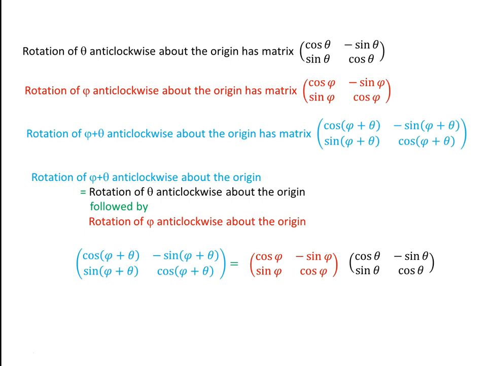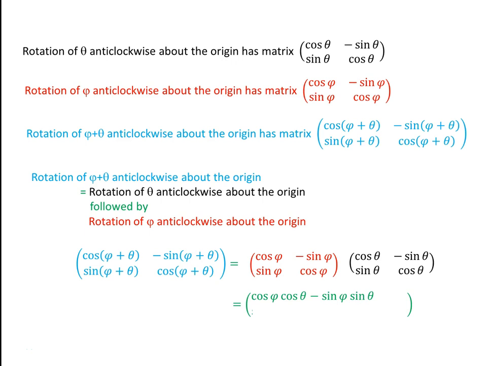Now if we start doing the multiplication on the right hand side, the top left entry is going to be cos phi cos theta minus sine phi sine theta.